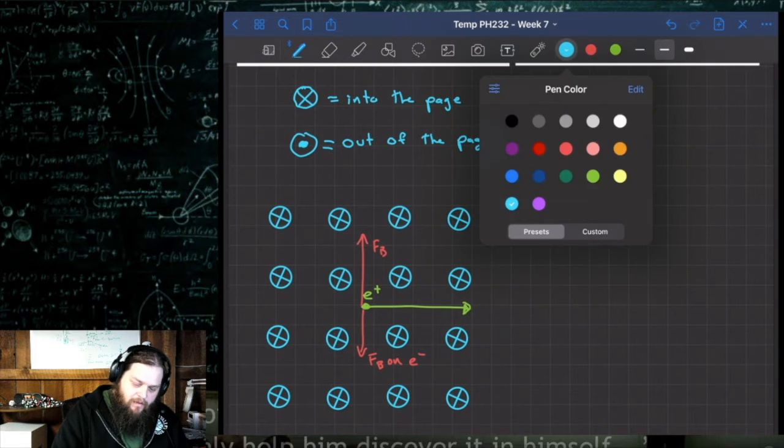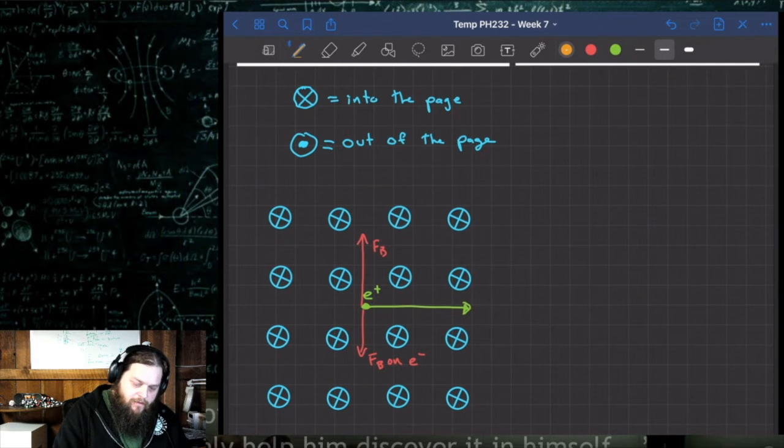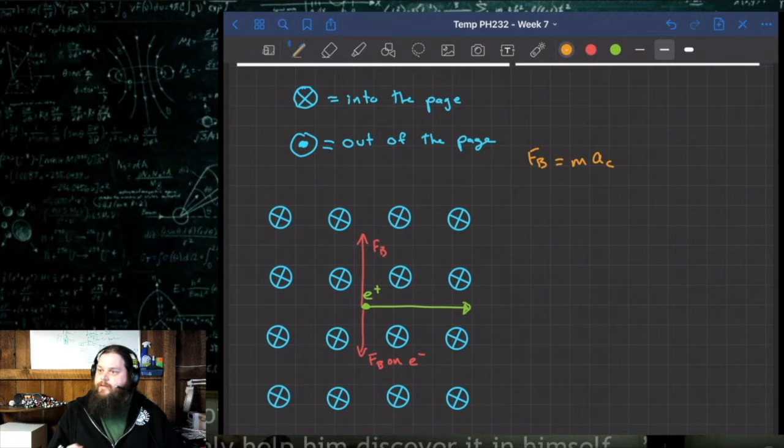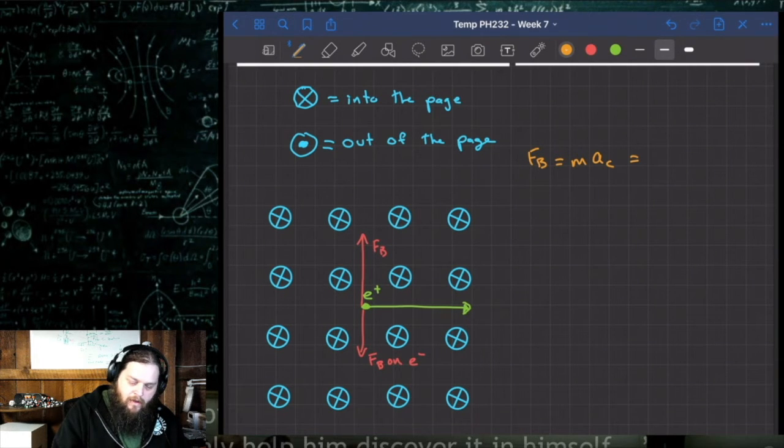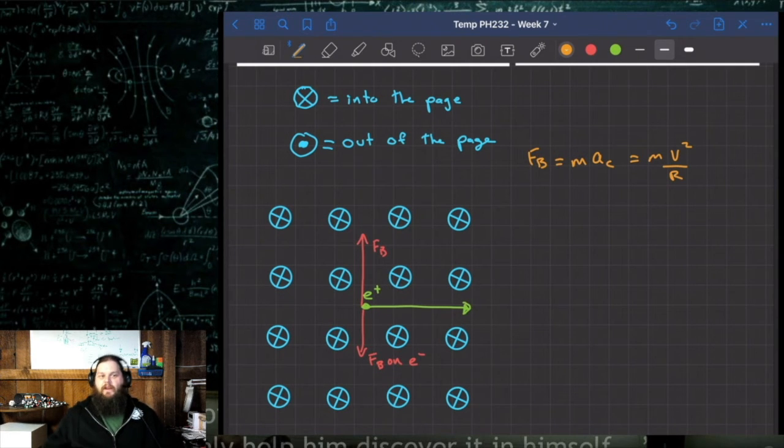So we can look at this force. That magnetic force is equal to the mass times the acceleration, the centripetal acceleration that we learned in the last term, which is equal to mass times v squared over r, r being the radius of the circle.